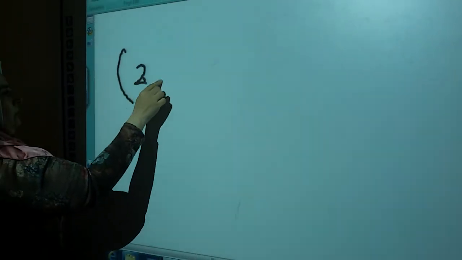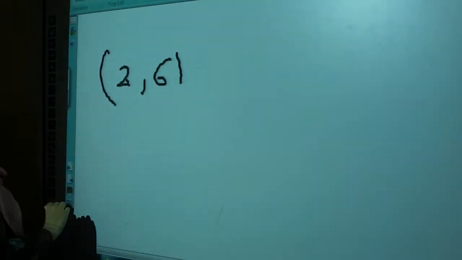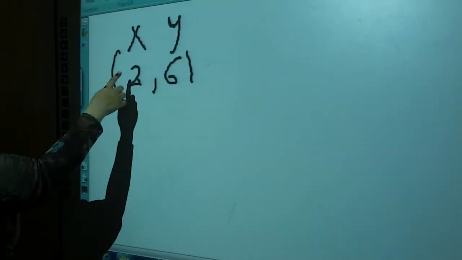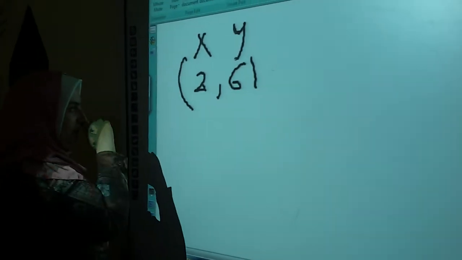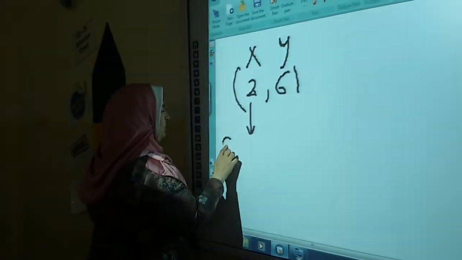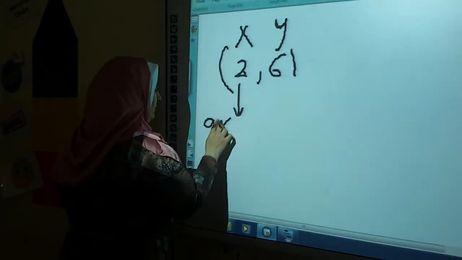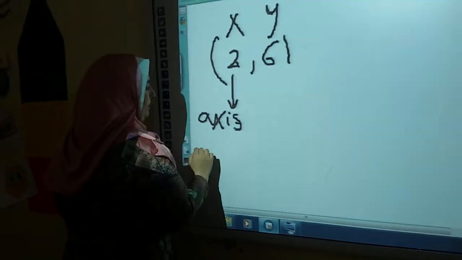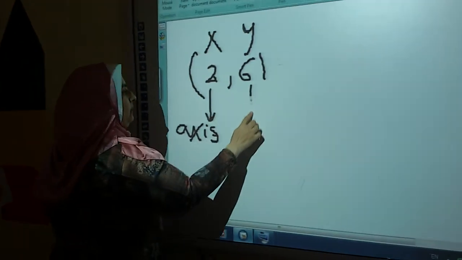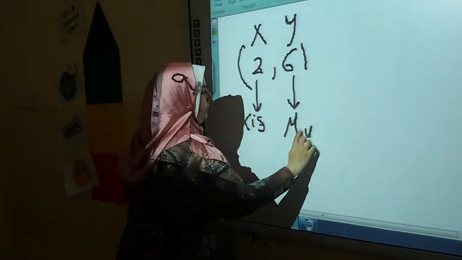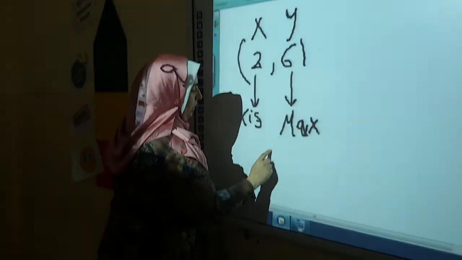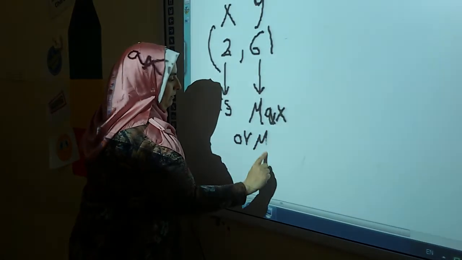If I have a vertex here, let's say (2, 6), you're going to say this is the value of x and this is the value of y. And if it's the value of x, that means x of symmetry. And this will be the maximum or minimum value.